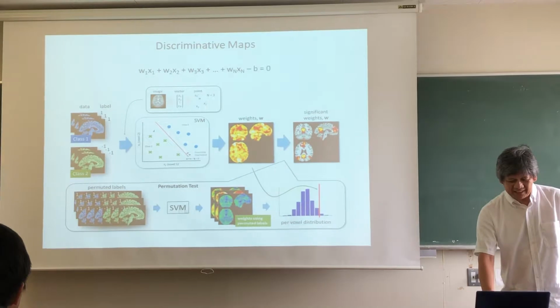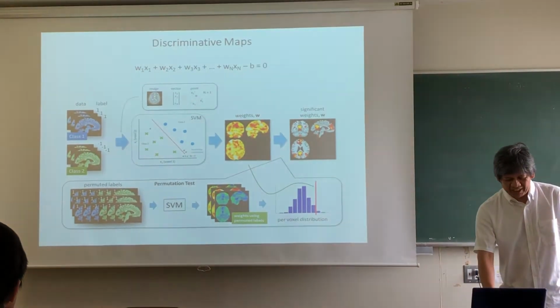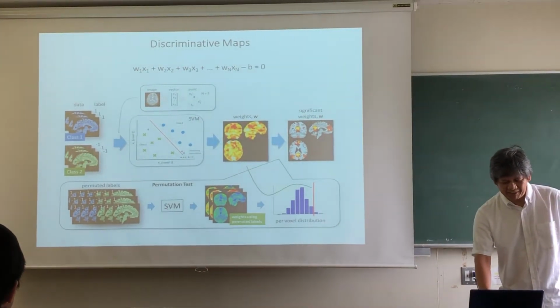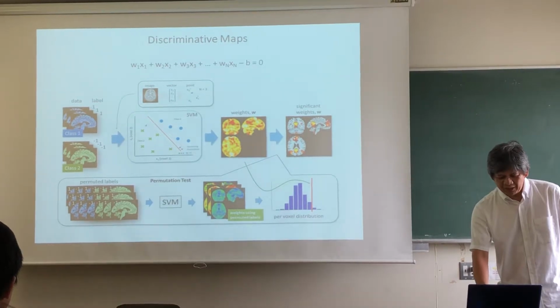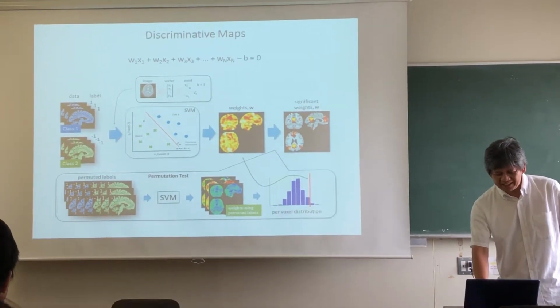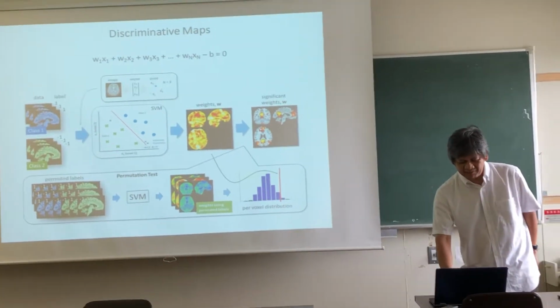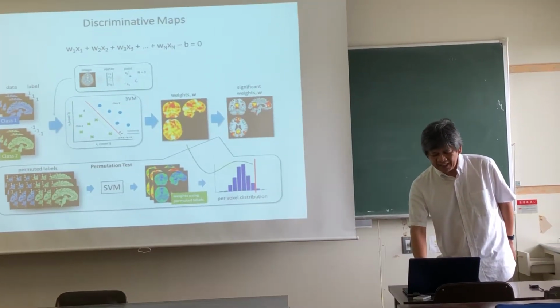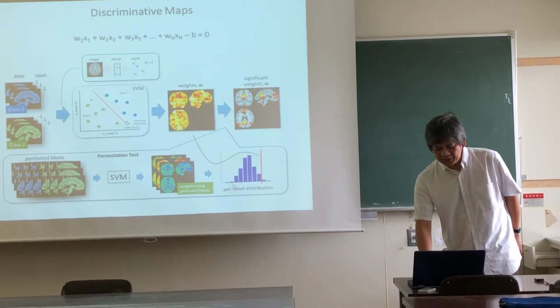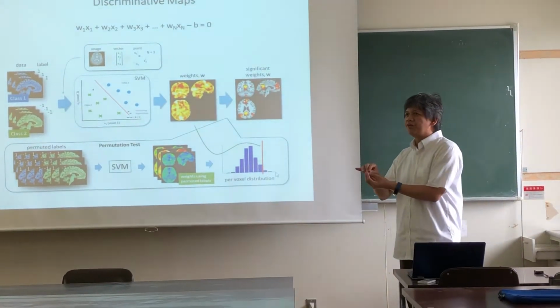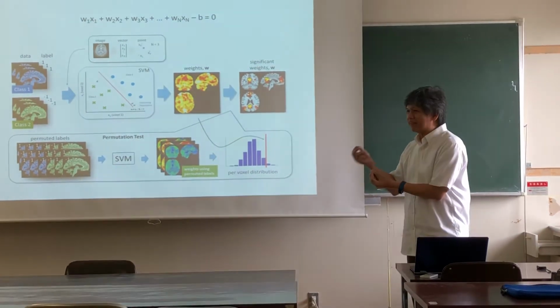And then you can train an SVM to classify the permuted labels, and you will obtain a weight image like this. You repeat the whole process to get several images like this, and then for each voxel, you can identify the distribution of weights in that particular voxel.